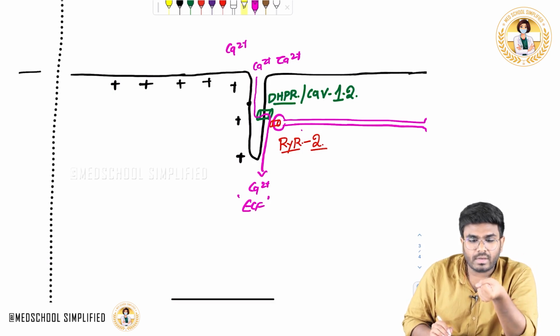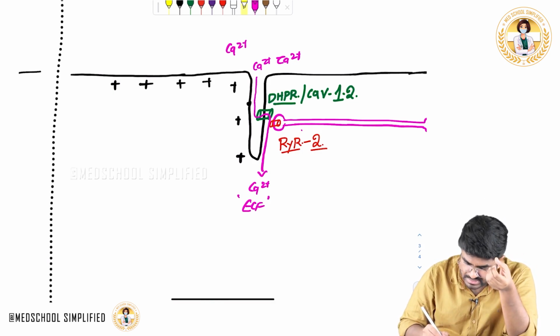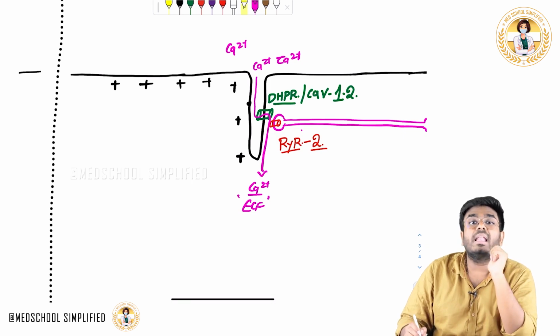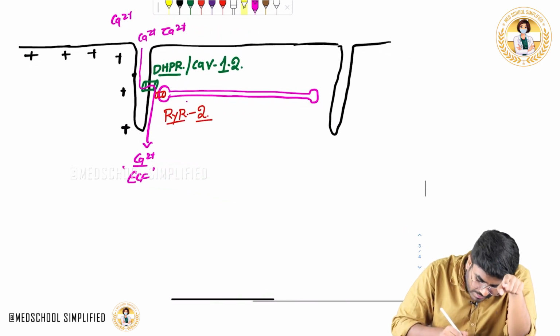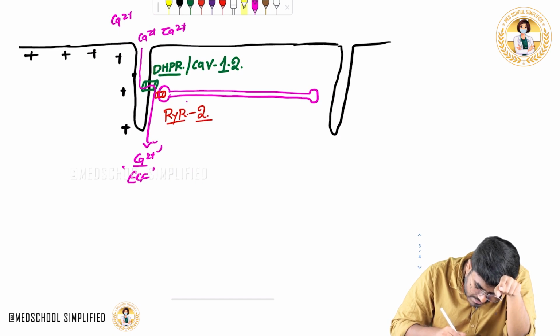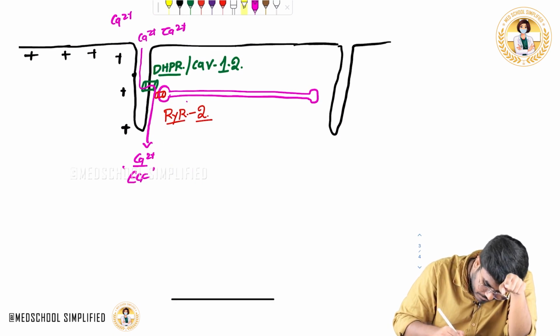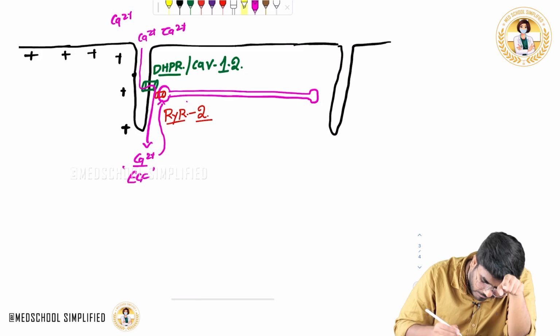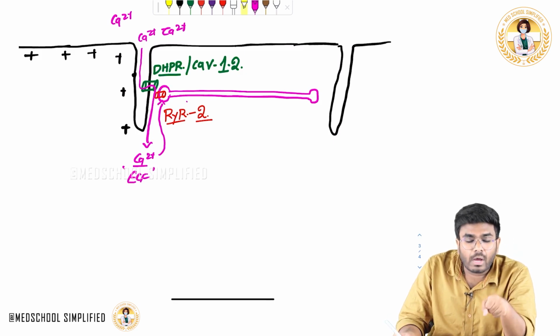So now what happens? DHPR channel opens, and the calcium comes into the cell. Do you know what this calcium will do? This calcium will come and act on the RYR channel, causing opening of the RYR channel.